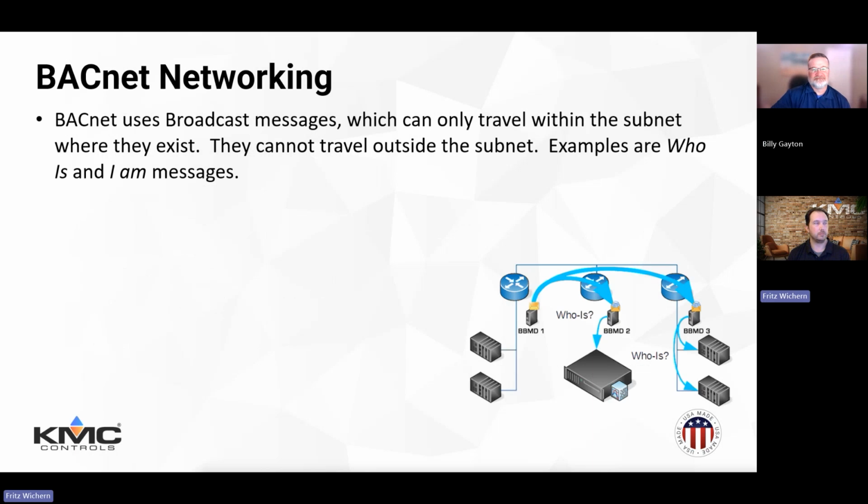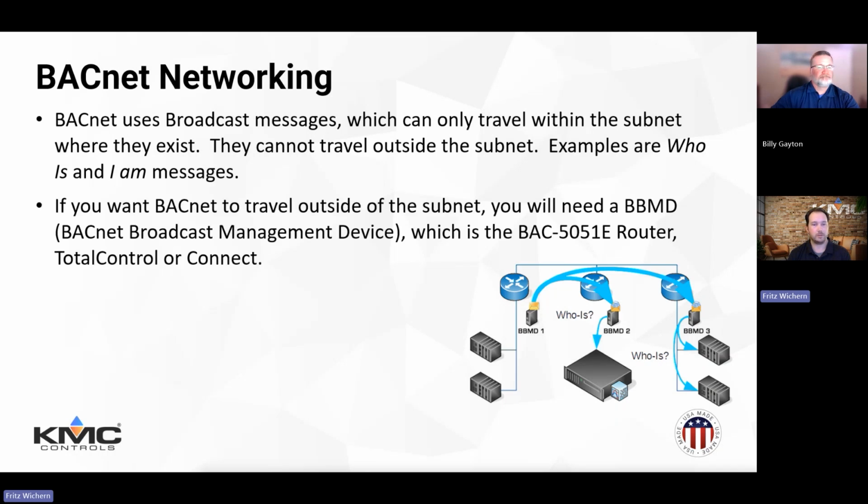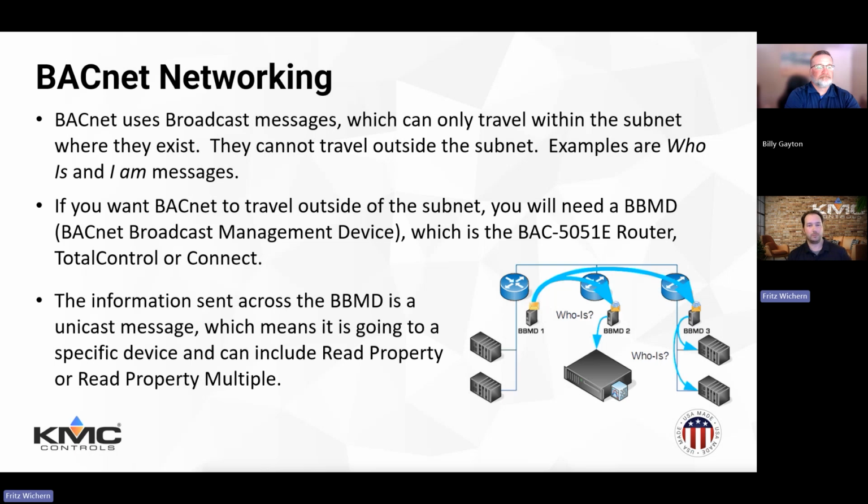All right. Let's dig a little deeper here, BACnet networking. In the case of multiple buildings with multiple IP subnets, you would want to use BACnet routers. They have a special function called a BBMD, which is a broadcast management device.